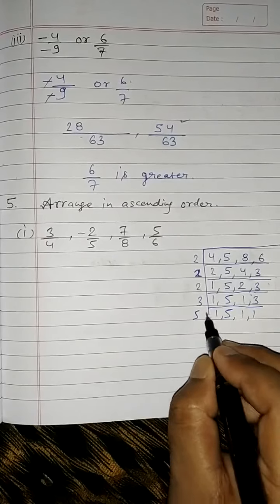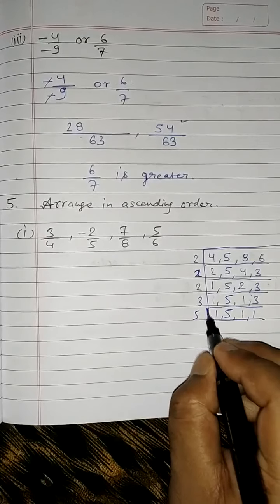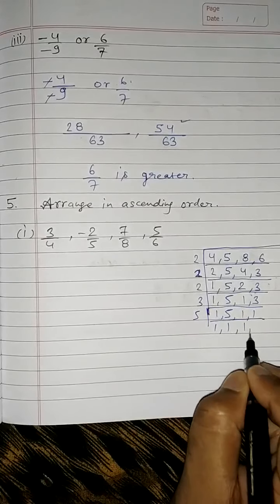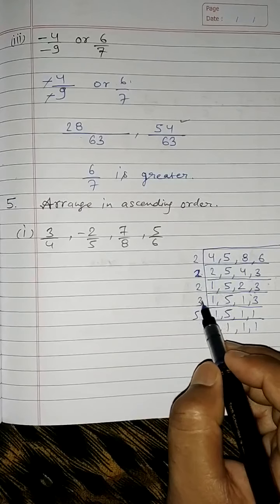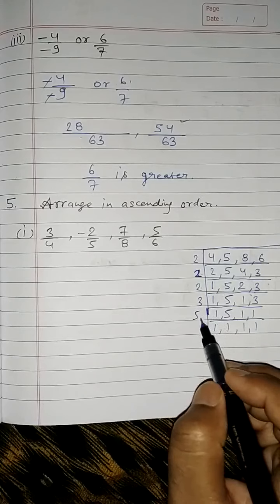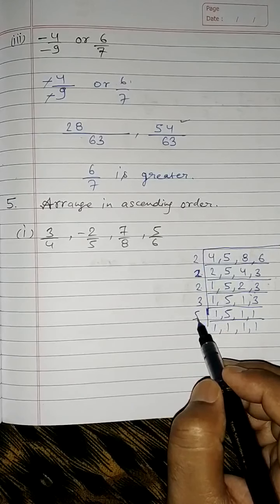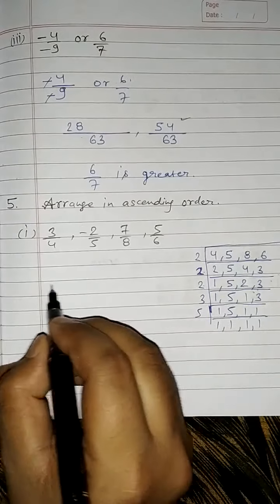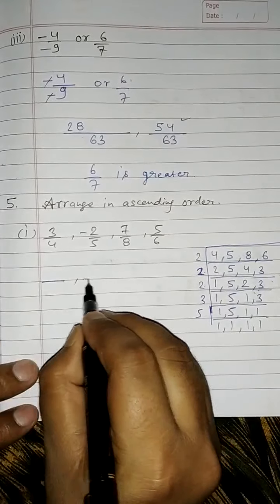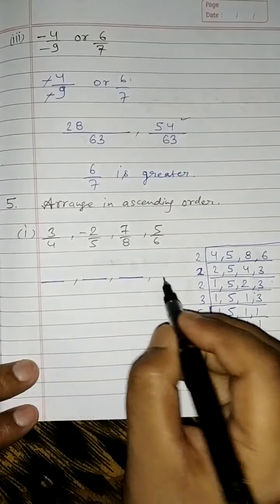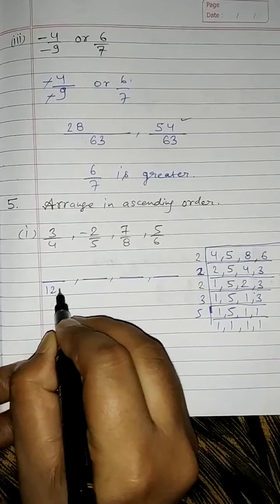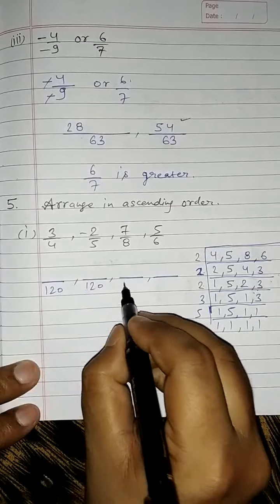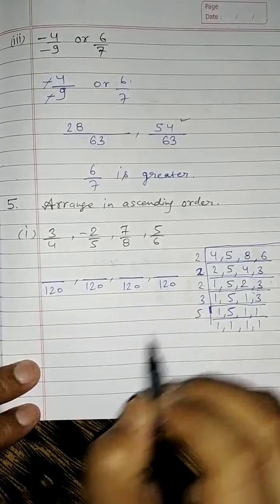Then 1s. 2 2s are 4, 4 2s are 8, 8 3s are 24 and 24 5s is 120. So we will write 120 separately for these four rational numbers. 120, 120, 120, 120.